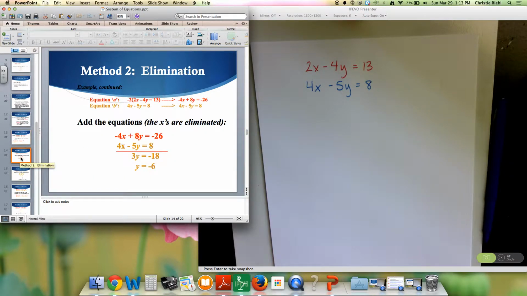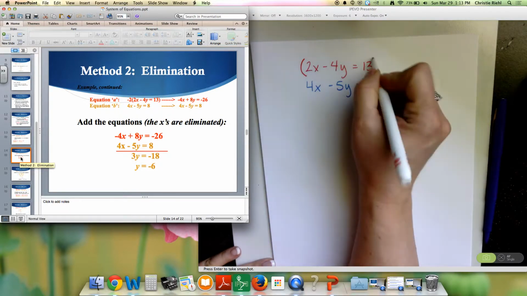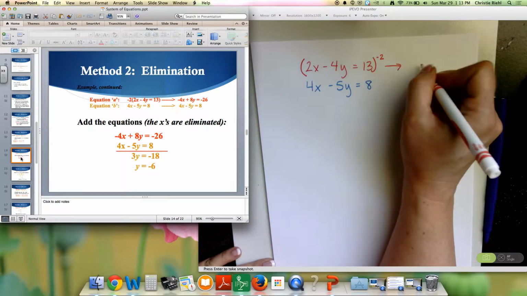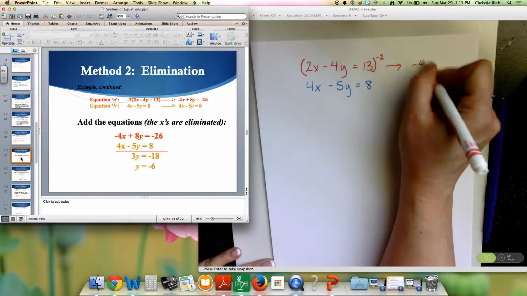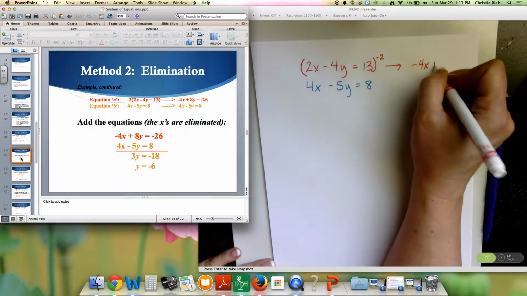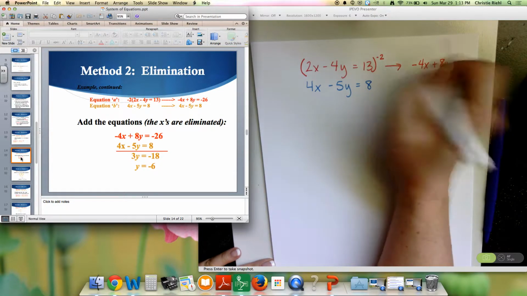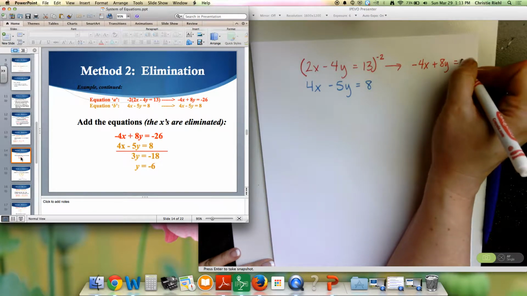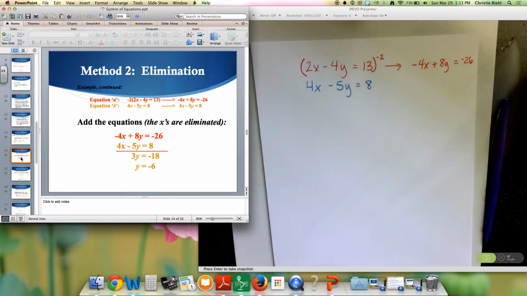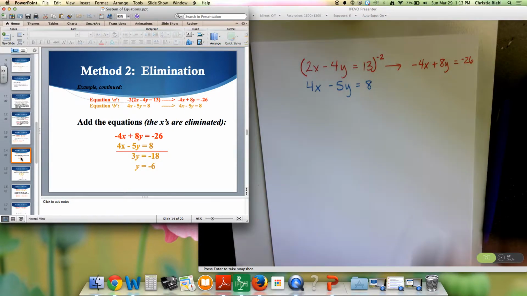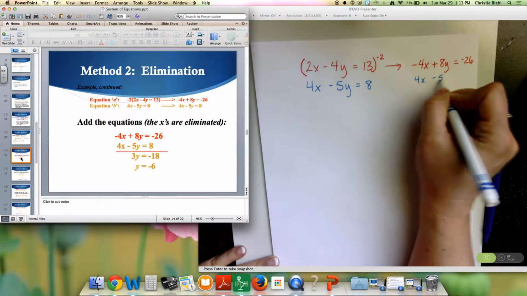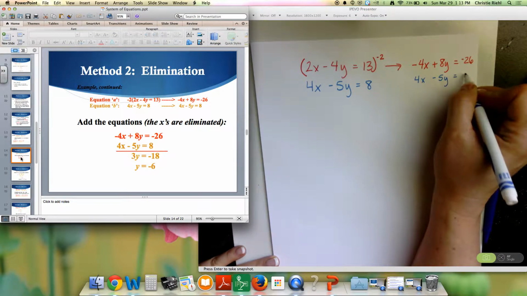All right. Hopefully you've gone ahead and multiplied this first one by -2, resulting in -4x plus 8y, because -2 times -4 is a +8, equals -26. And our second equation did not change at all, so we still have 4x minus 5y is equal to 8.